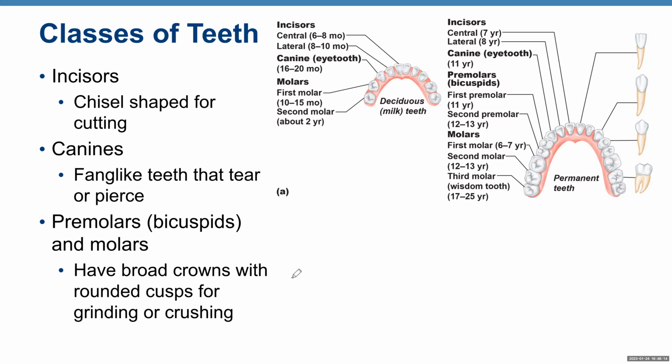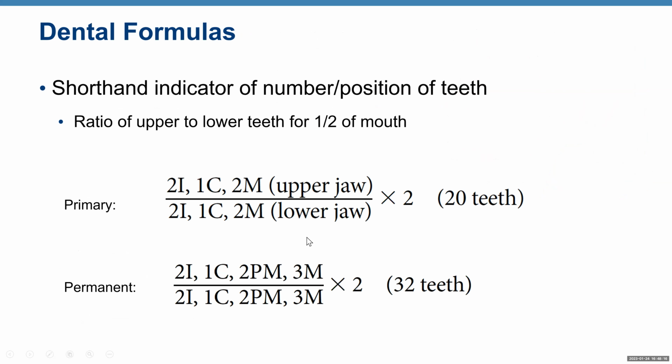Now, we use dental formulas that indicate the number and position of teeth. It's a ratio of upper to lower teeth for half of the mouth. They pretty much divide your teeth into 4 quadrants.